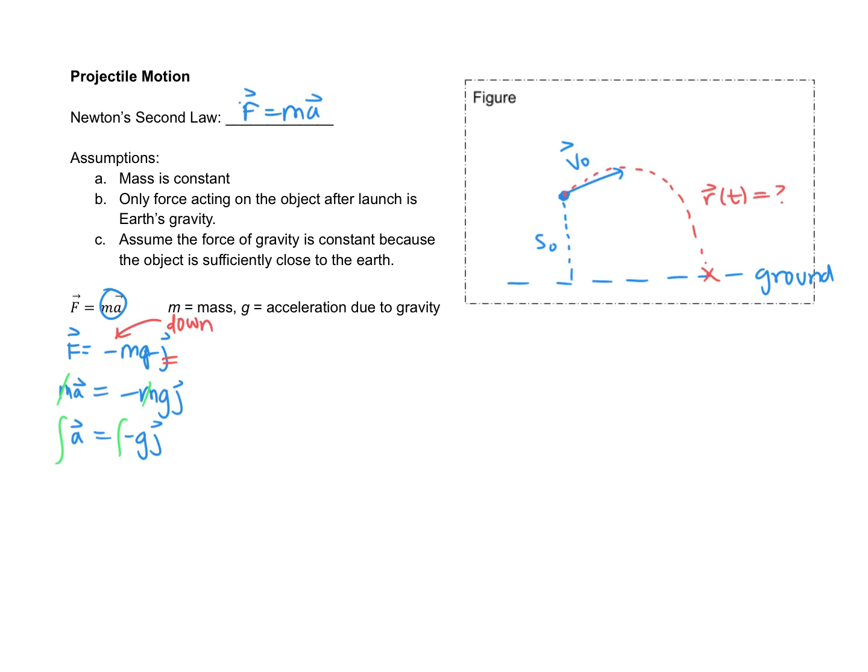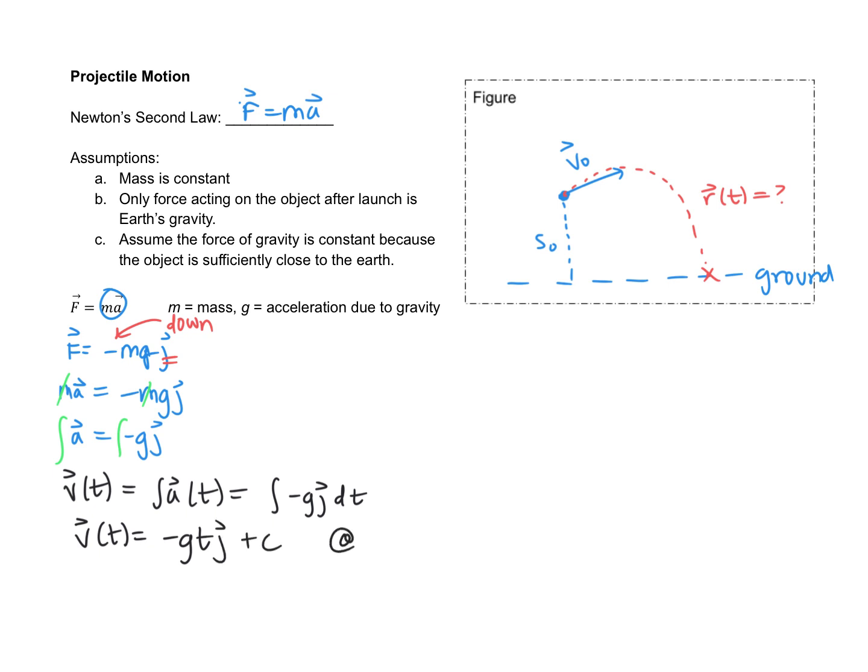And when we integrate, we're going to be left with velocity then. So we are integrating negative gj with respect to t. So for velocity then, we're going to get negative gtj plus c.